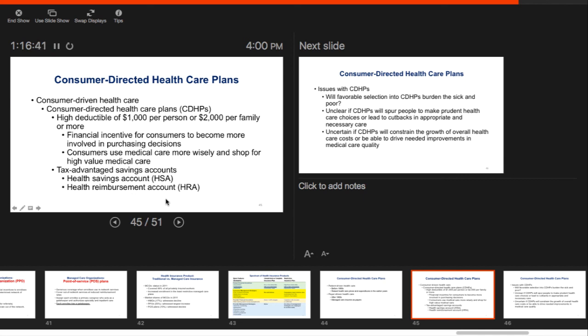The other plans, such as tax-advantaged savings accounts and health reimbursement accounts, help consumers, or patients, to think ahead of time and save money for their medical care. For example, if they think this year they need a dental plan, they can save ahead of time in their tax-deductible account.